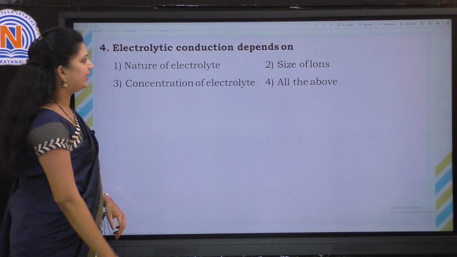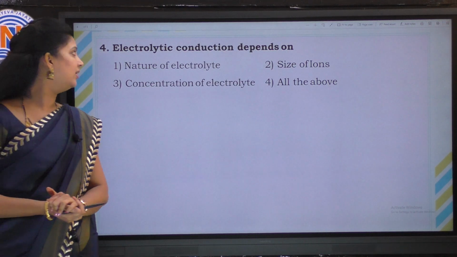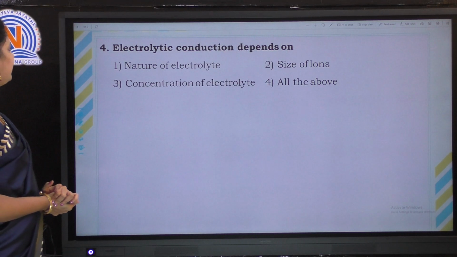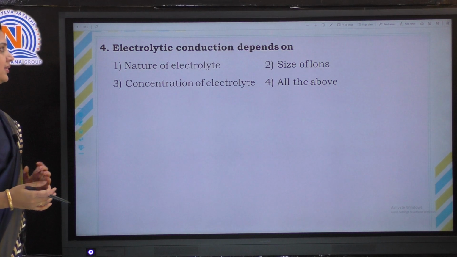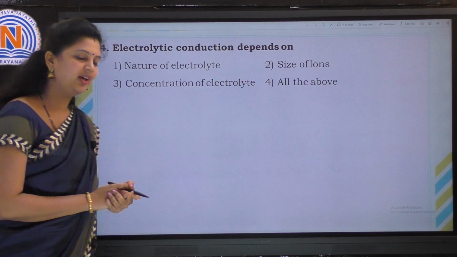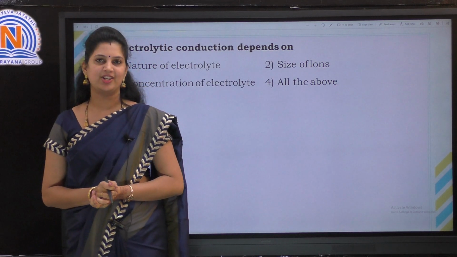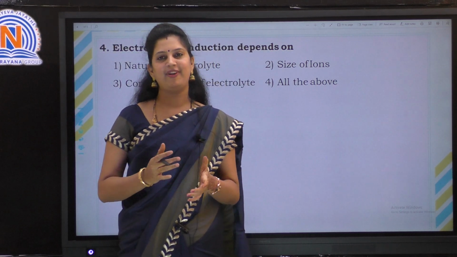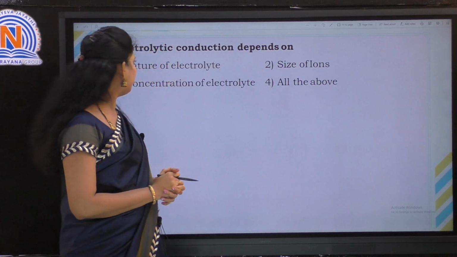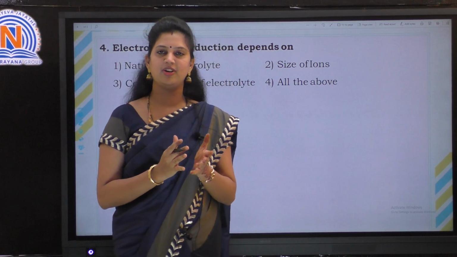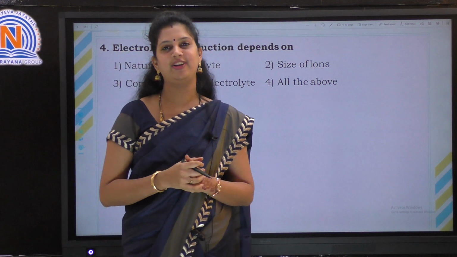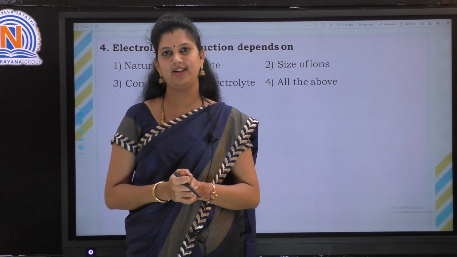Yes, so a direct conceptual question we got here. Let's see the question. Electrolytic conduction depends on. So what are the factors on which electrolytic conduction depends? You know the factors already, so let us check one by one. Nature of electrolyte. Does the nature of electrolyte have any influence on the electric conductivity?